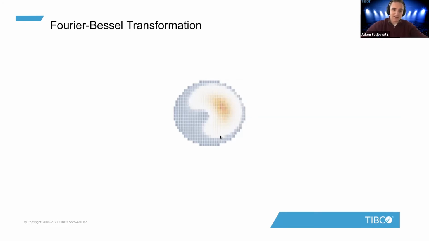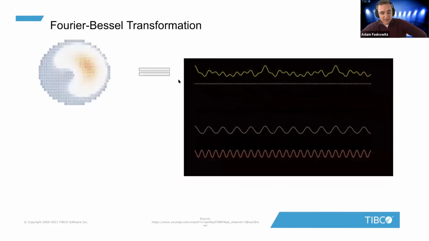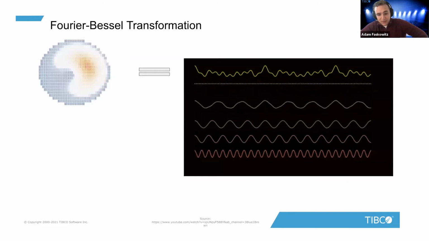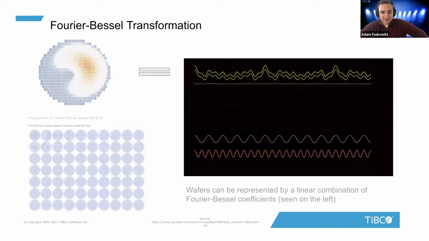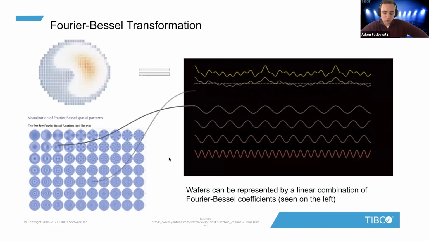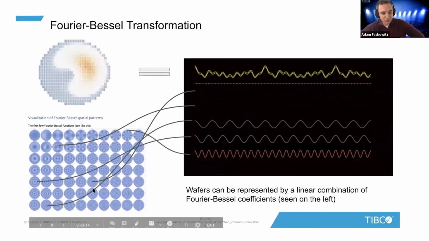But instead of breaking it down through just this Fourier transform, we're going to do it through Fourier-Bessel transformation, which takes into account the radial nature of this one wafer. So moving on to this next slide. So this one wafer now could be broken down similarly to the way we just looked at the Fourier transform, but instead of those sines and cosine waves, instead it's going to be typical radial patterns. So on the bottom left, you see this spectrum.